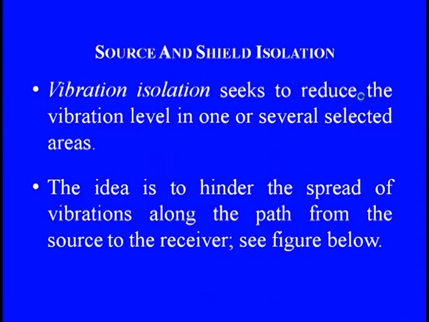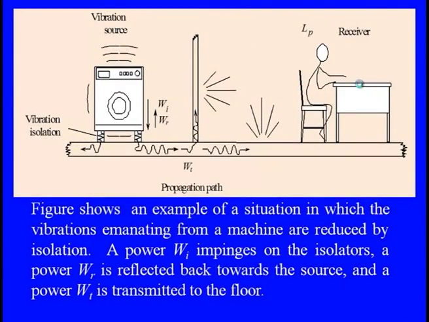As we can see in this diagram, the source is something like a rotating machine, and it is creating huge vibration along with noise. We can see that the vibration isolators are provided straightaway between the vibration source, that is the machine, and the foundation.